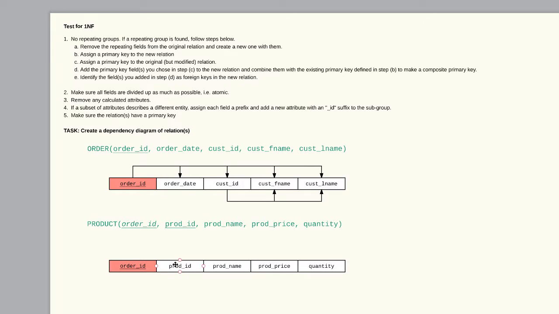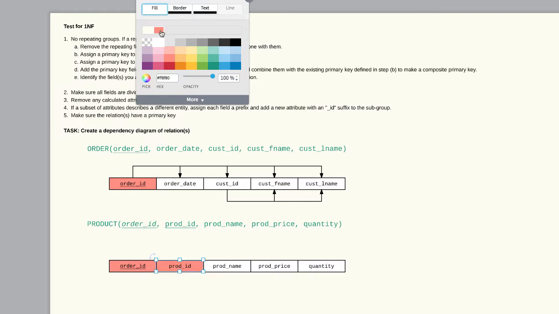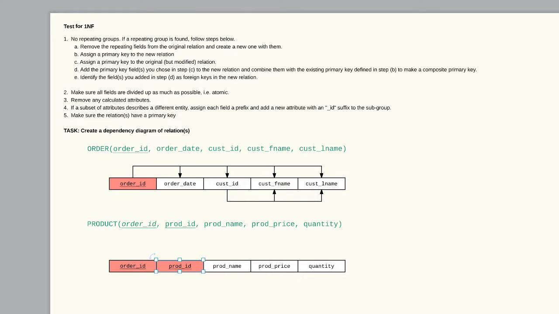Now in this particular relation, we have order ID and prod ID together are the primary key for this relation. And order ID is a foreign key, so I put that in italics. So what are my dependencies in this particular case?